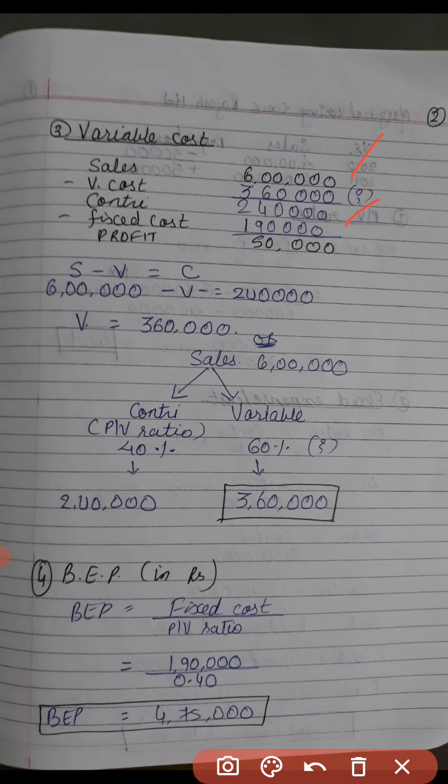You can also put up the formula: sales minus contribution equals variable cost. Now we also have got the fixed cost, so profit is 50,000, right? Like this you can complete the table. So there are two methods to find out variable cost, either using this table or using this formula.